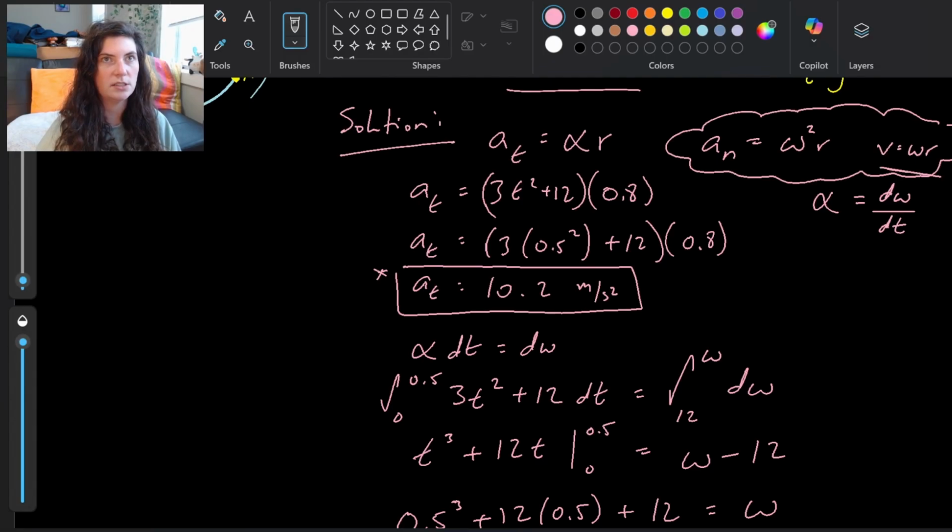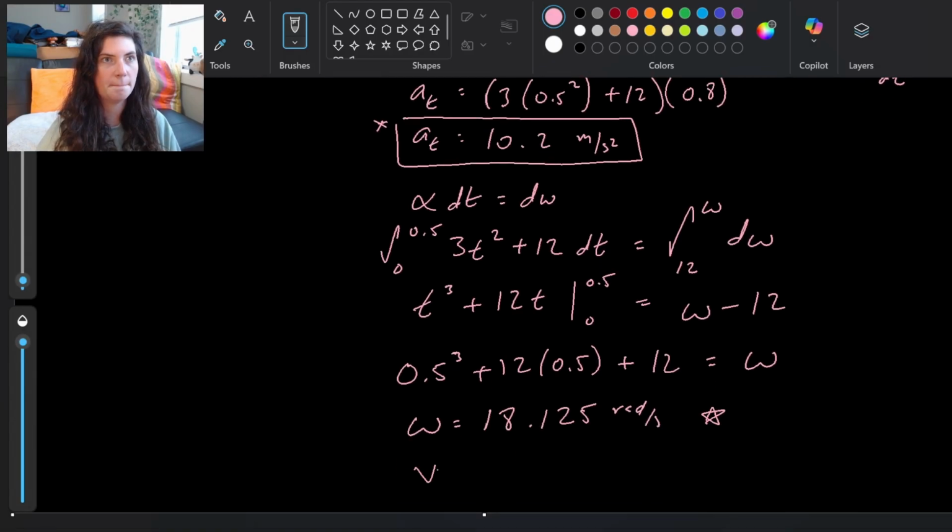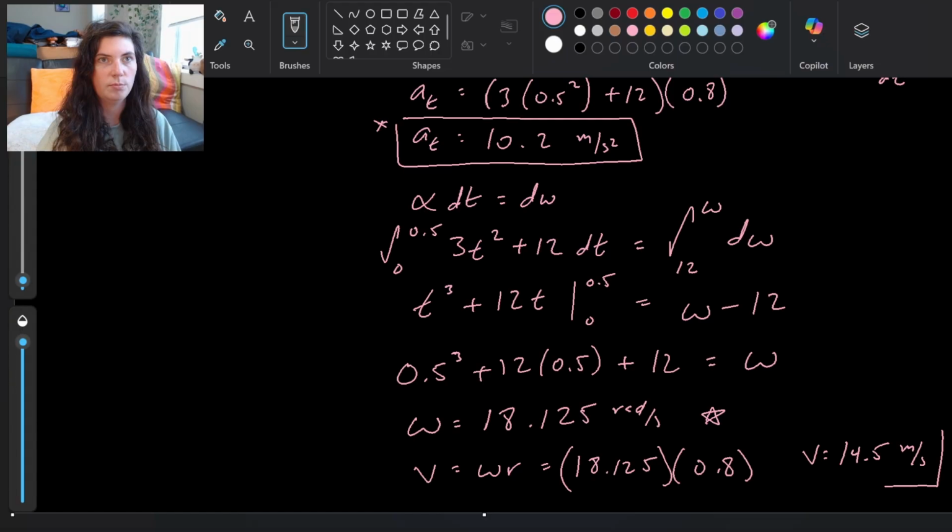My velocity is omega times r. That one's really simple. 18.125 times my radius of 0.8 means that my velocity is 14.5 meters per second.